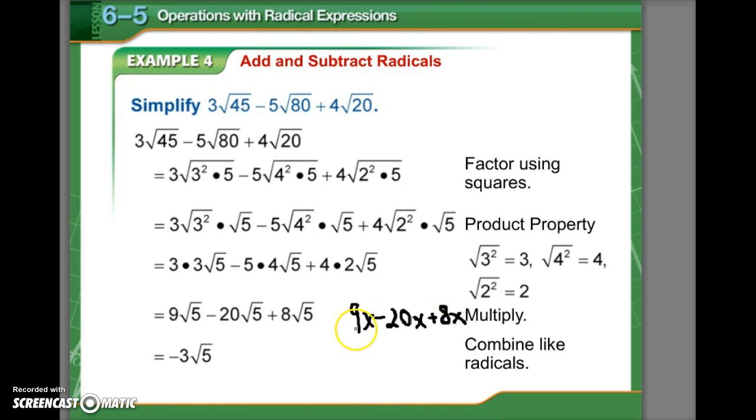If we had a problem that said that, you would do 9 plus 8 is 17, and 17 minus 20 is negative 3. So this would be negative 3x. But in our case, the x is just root 5. So notice how here we have negative 3 root 5.